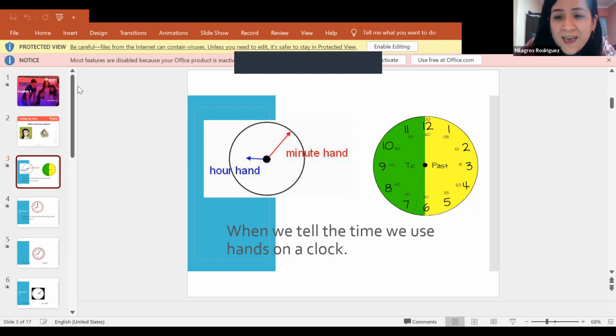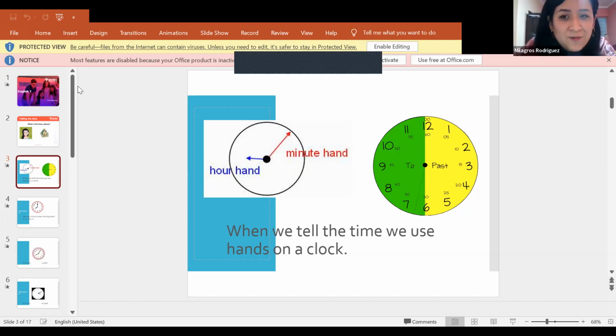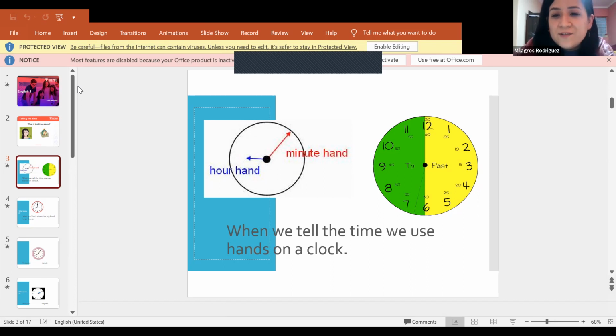But when the minute hand goes from 6, or from the minute 31, until 12 or the minute 59, to be more exact, we are going to use the word to, right? For example, what time is it right now?